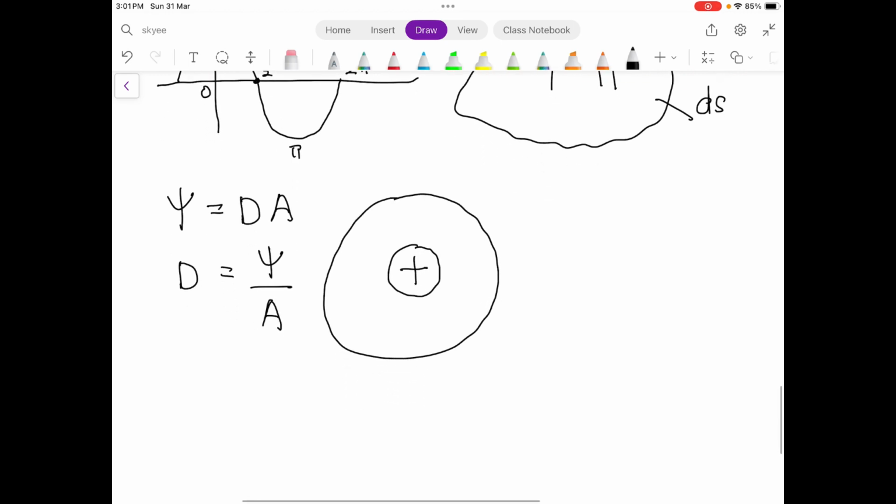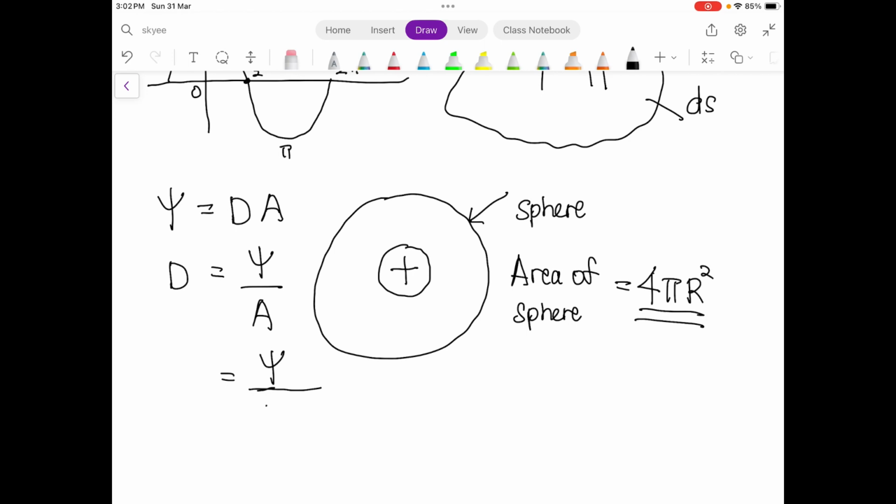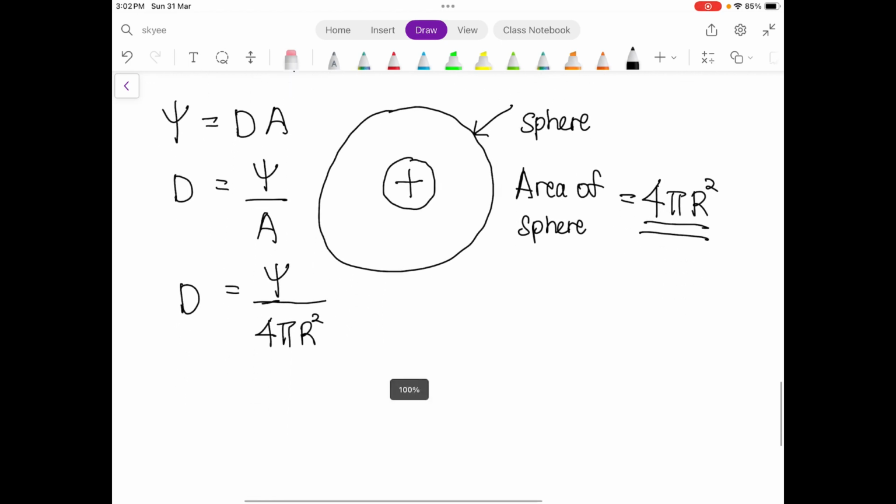If this is a sphere, the flux will be divided by the area of the sphere. The area of a sphere is equal to 4 pi r square. So you take this 4 pi r square and put it here. Now you get the equation for your D.